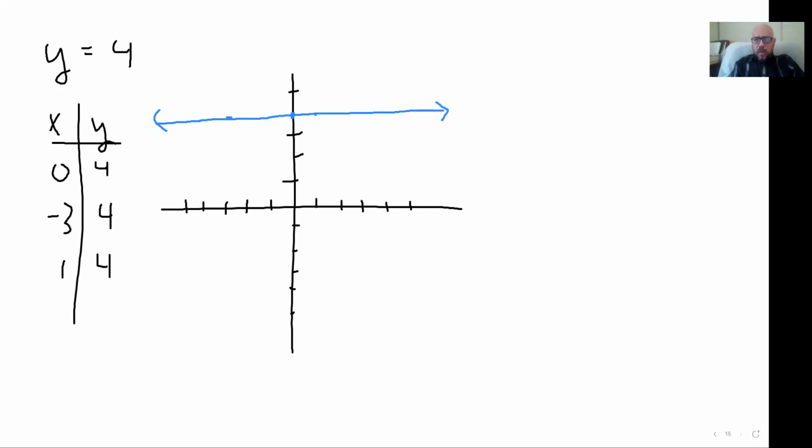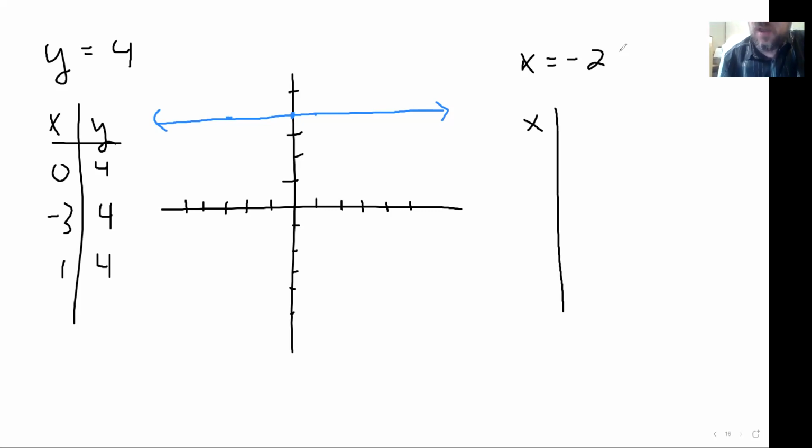Similarly, if I have the equation x equals something, let's do x equals negative 2. The same thing is going to happen. All I know about the points on this line is that x is negative 2 for all of them, but y can be anything I want because I don't have any y's, so I get to freely choose it.